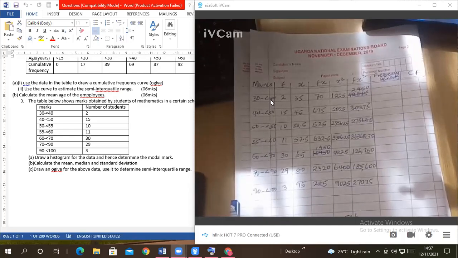The upper class boundary of the first class becomes the lower class boundary of the next class. The upper class boundary of the second class becomes the lower class boundary of the third class. So those are class boundaries. Class boundaries are continuous. That's how you determine class boundaries.